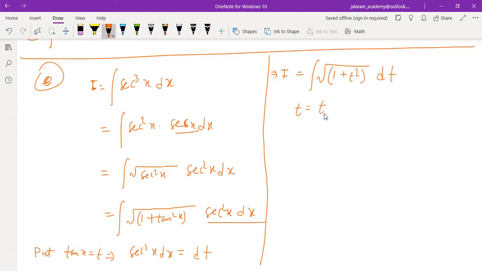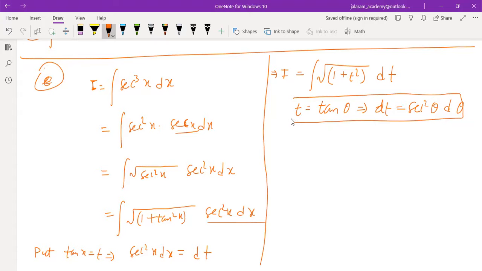So if we put t equals tan theta, why? Whenever there is root 1 plus x square, we substitute x equals tan theta. We have discussed it in inverse trigonometric function substitutions. So t equals tan theta. Differentiating both sides, dt is the differentiation of tan theta, which is sec square theta d theta.